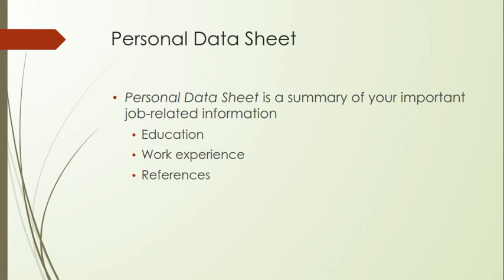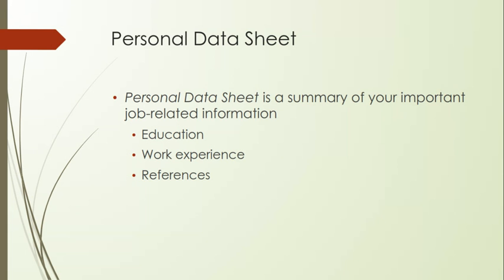The very first thing that you need to do is come up with a personal data sheet. This is something that I did my very first time when I was applying for my teaching positions. This is basically you just combining all of the information that you have: education, experience, any certificates you hold. And it just summarizes all of your job related information.